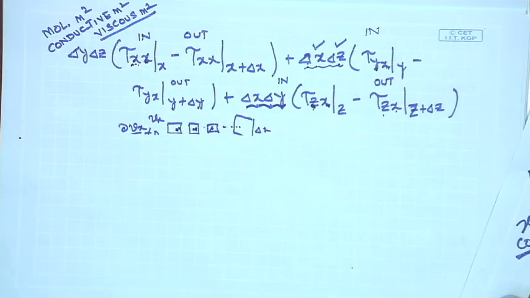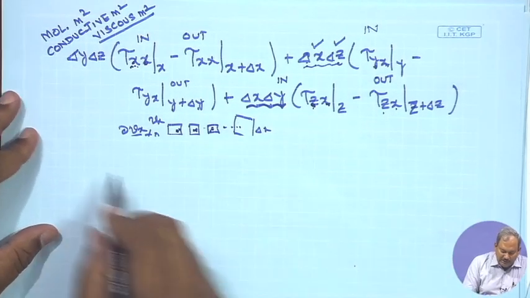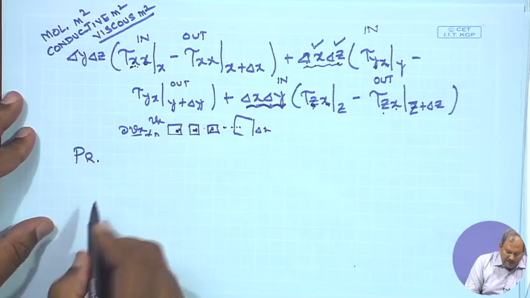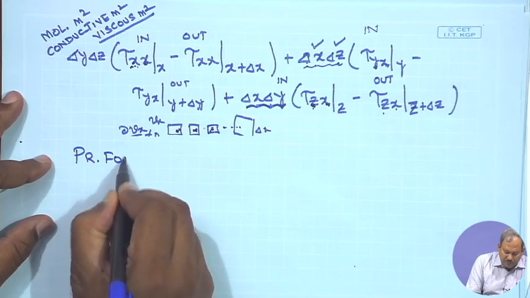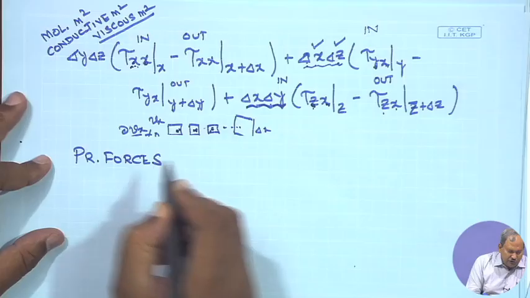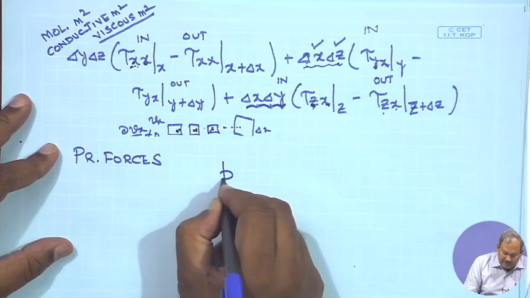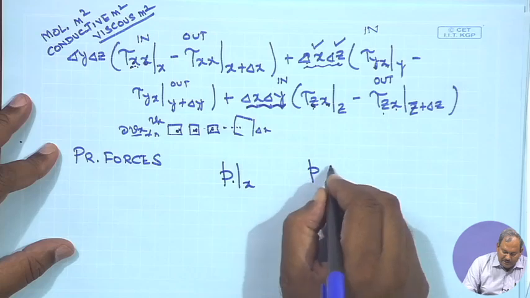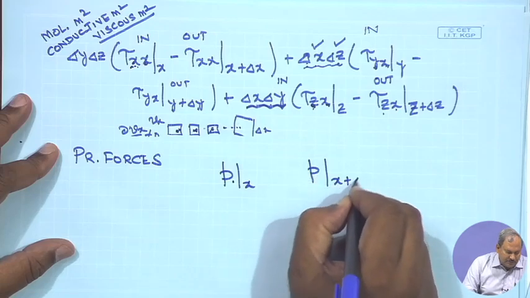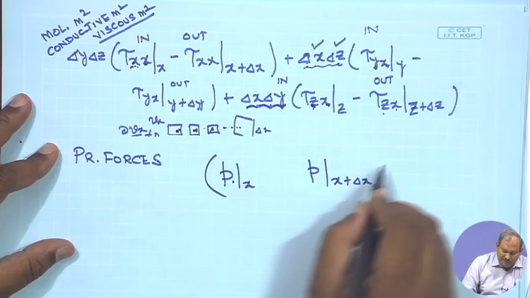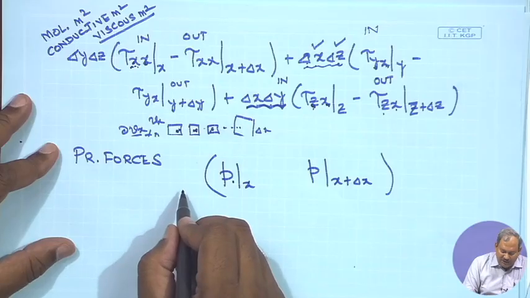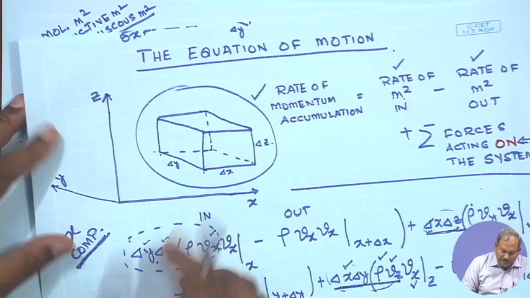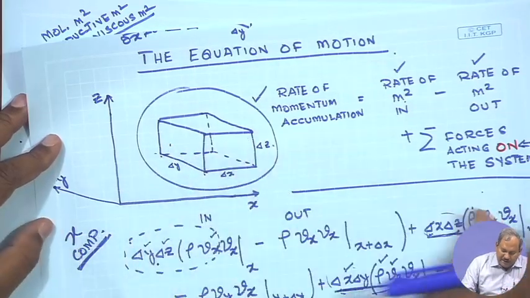What is left right now is to identify what is going to be the pressure forces and what is going to be the body forces. So, let us assume that the pressure at x is P at x and the pressure at x plus del x is P at x plus del x. This pressure is acting on the x face; the difference in pressure is acting on the x face.